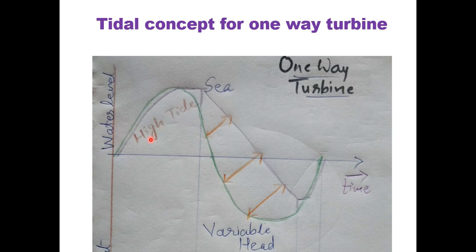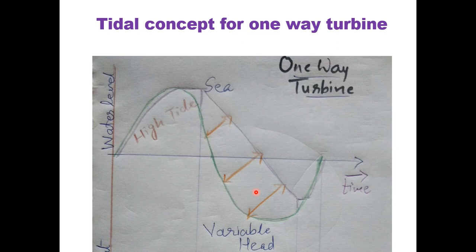Usually during high tide the basin has to fill in the one-way turbine case. So the basin will fill during high tide, and this is the time frame. Now when the basin is going to be emptied, there is a variable head concept, and due to this variable head the turbine generator set will run.